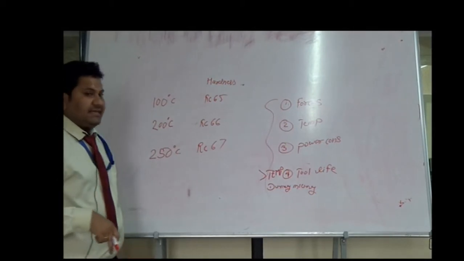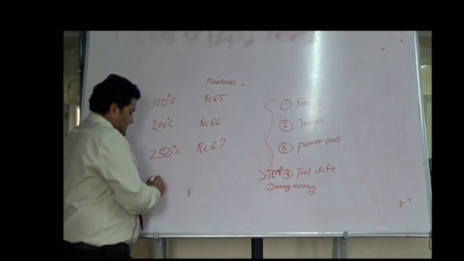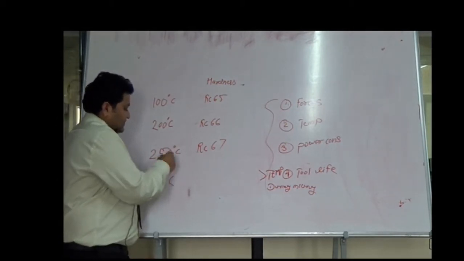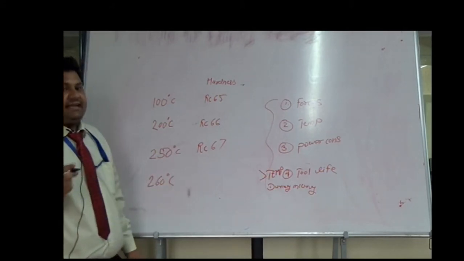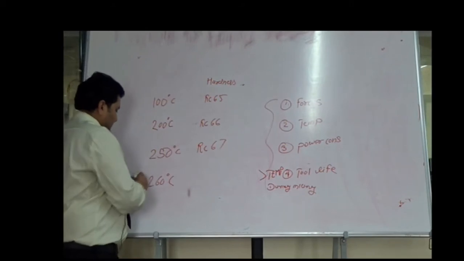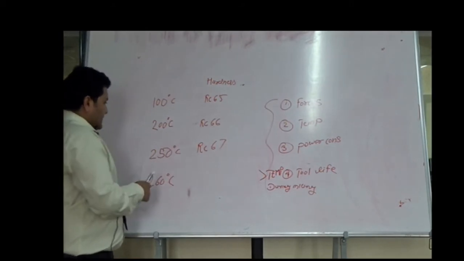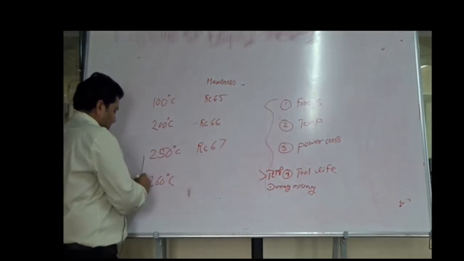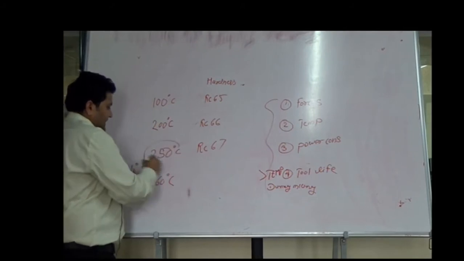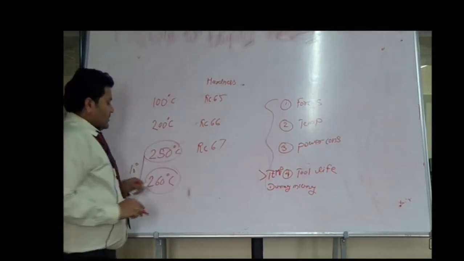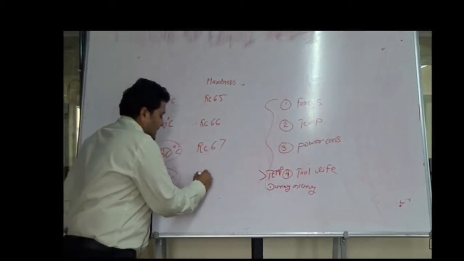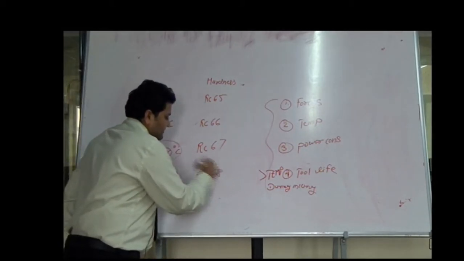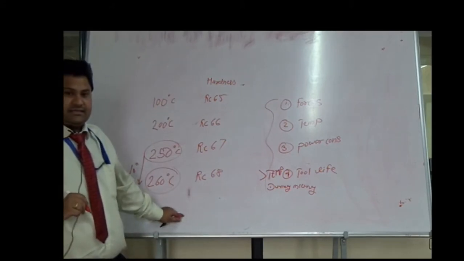Again we increase the temperature to 260 degrees Celsius. See here, in this case we slightly increase the temperature, only a 10 degree difference between 250 and 260 degrees. We observe that the hardness is Rc 68.